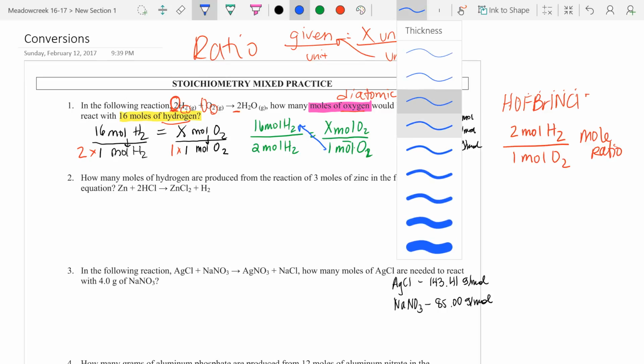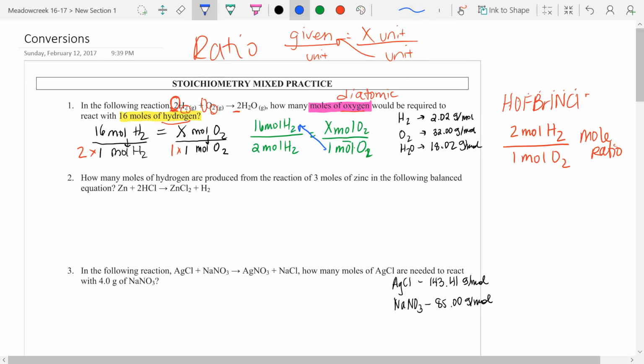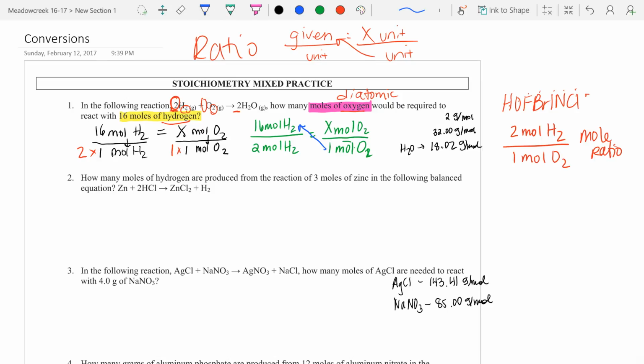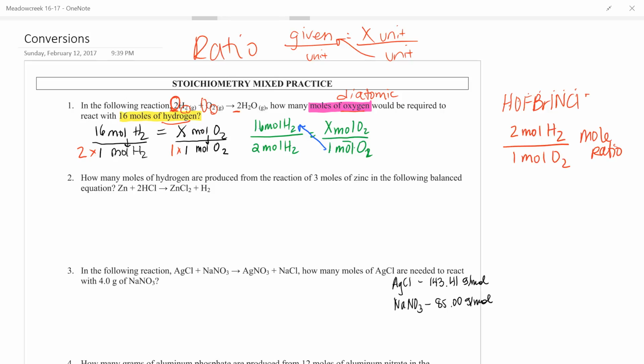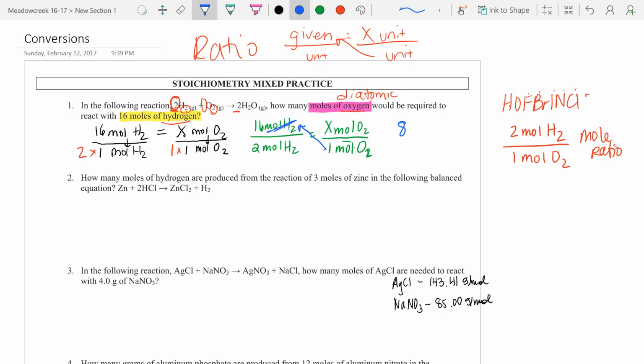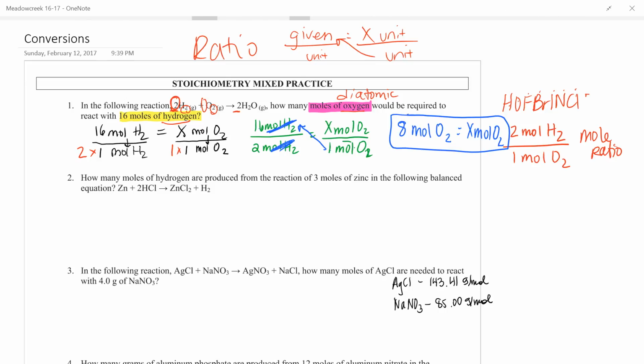So what this will look like is we will first in our calculator say 16 times 1, which we know will be 16, divided by 2 will give us 8. These units cancel out, and I will just have 8 moles of O2 is equal to X moles of O2. So I've successfully solved for X, what I was looking for.